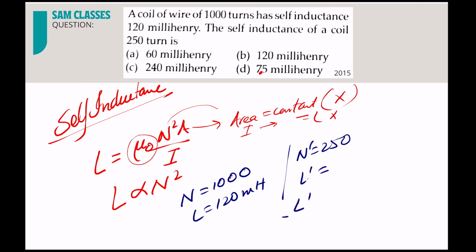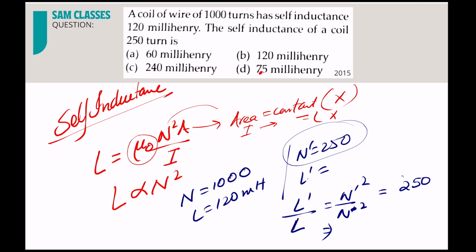So what I can write, L dash by L is equal to N dash square by N square. I'll put the values, that is equal to 250 whole square by 1000 whole square, and L dash by old one is what? 120 millihenry.